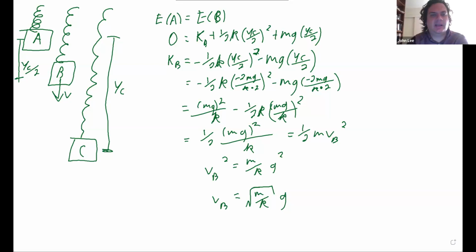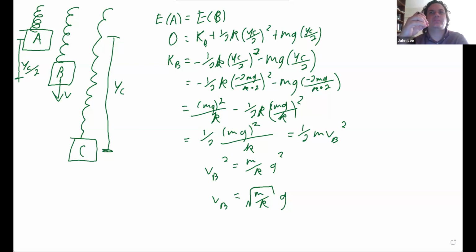At point B, there can only be one kinetic energy at any of these 3 points, but B is going to have the maximum kinetic energy of any point because it's halfway in between being totally compressed and totally stretched out. So it's at the point where it is neither compressed nor stretched out.